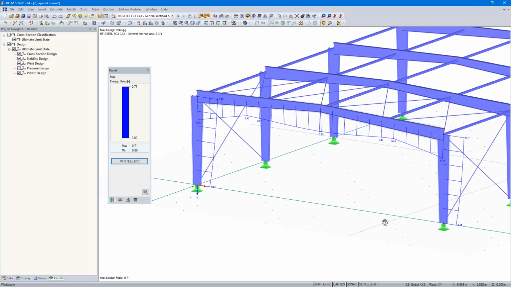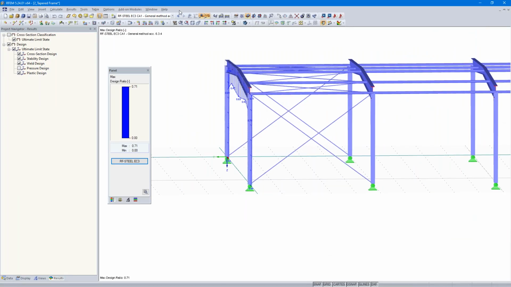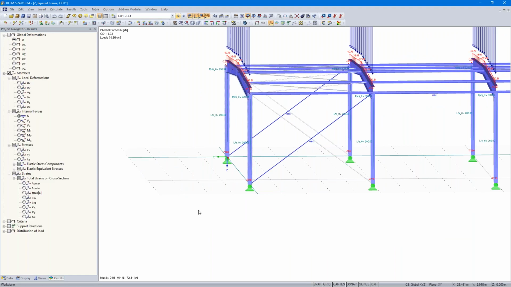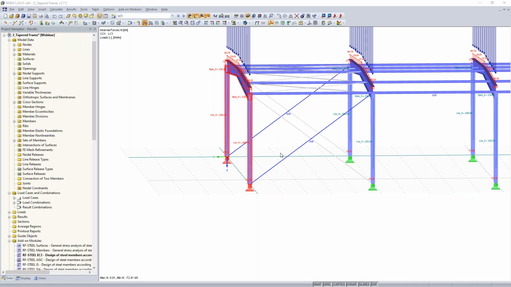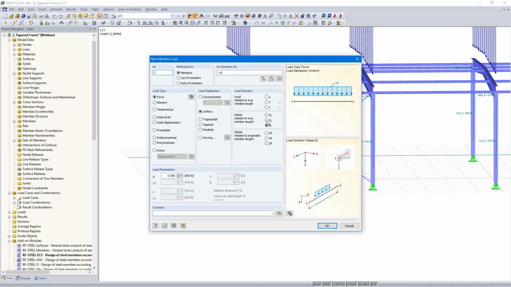Okay, that's what we try. Member load, again in Y direction, -1.